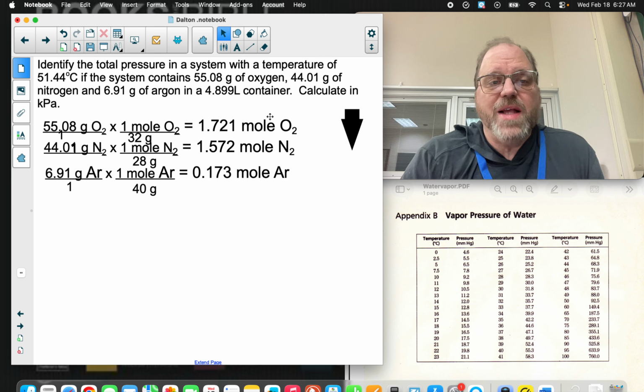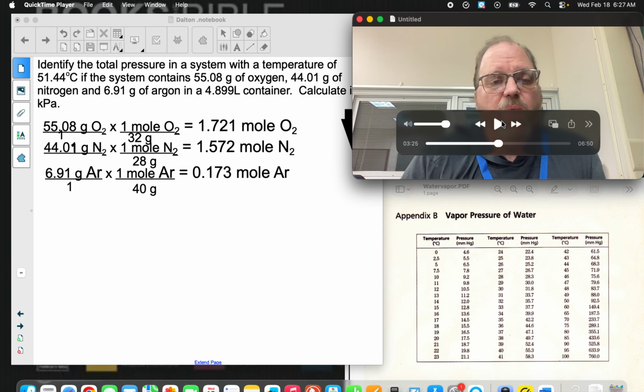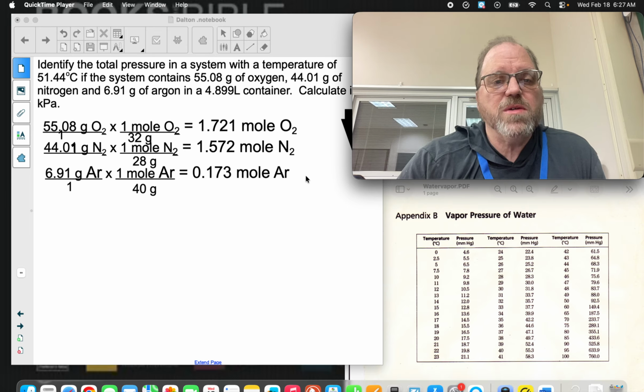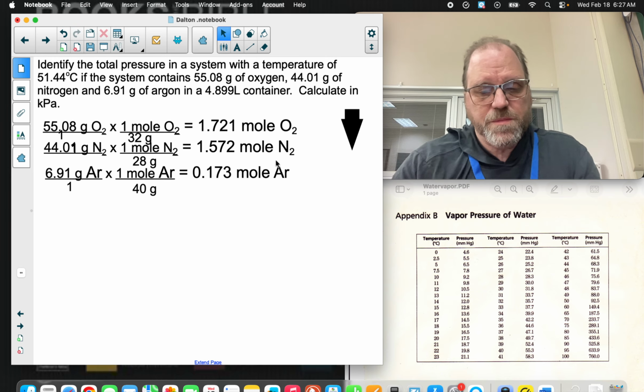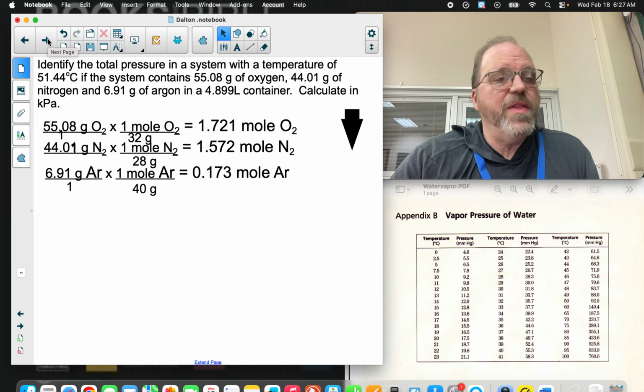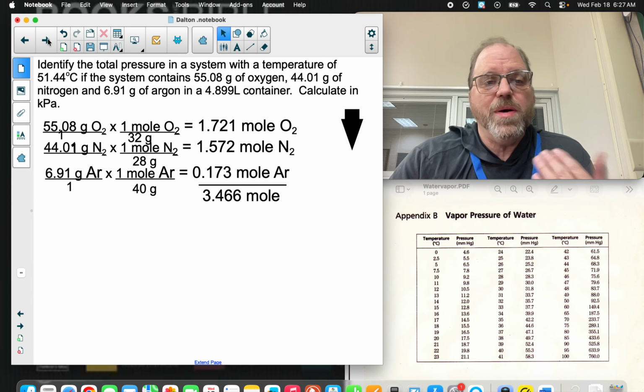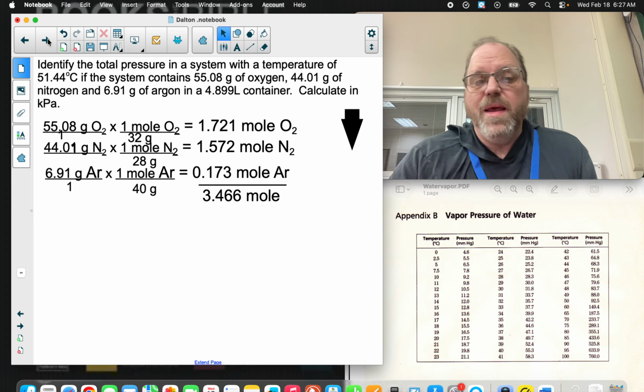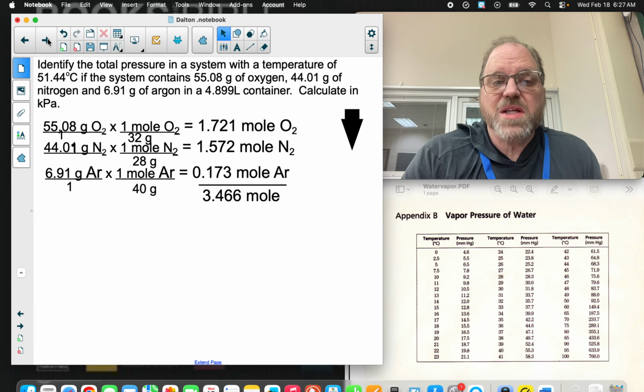For nitrogen, it's 1.572. Well, I did fix it, so N2, not O2. That was my mistake. I'll fix it before we go over. And then argon there as well. Now when we add them up, the total N here is 3.466 moles.